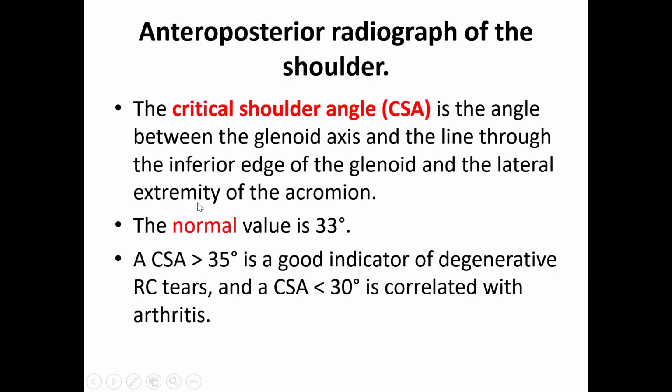Another aspect by which we can assess the shoulder from the anteroposterior radiograph is the CSA, the critical shoulder angle. CSA is the angle between the glenoid axis and the line through the inferior edge of the glenoid and the lateral extremity of the acromion.